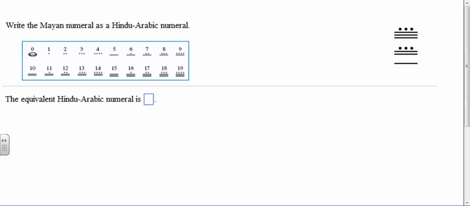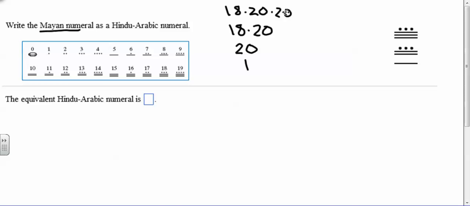In the Mayan numeration system, it's similar to a base 20 system. The ones are on the bottom. The groups of 20 are above that. The groups of 18 times 20 are above that, and then we keep multiplying by another 20 for each place value.